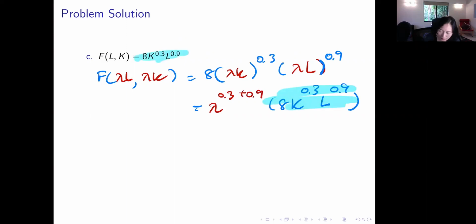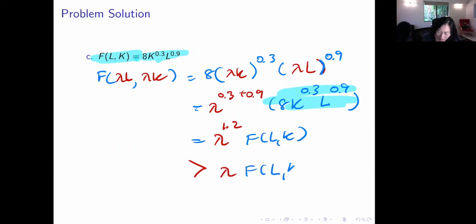This is F of L, K. So this is equal to lambda to the power of 1.2 times F of L, K, which is greater than lambda times F of L, K. Therefore, we know that this is increasing return to scale. Okay.